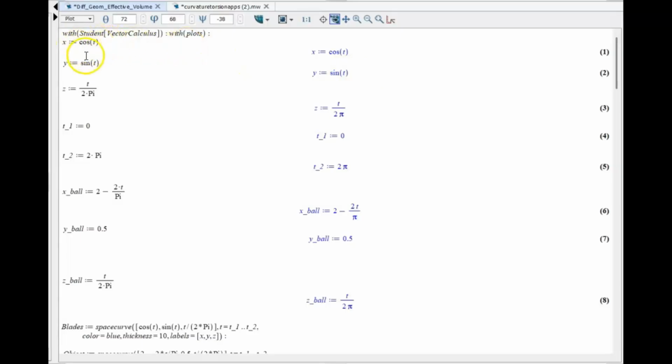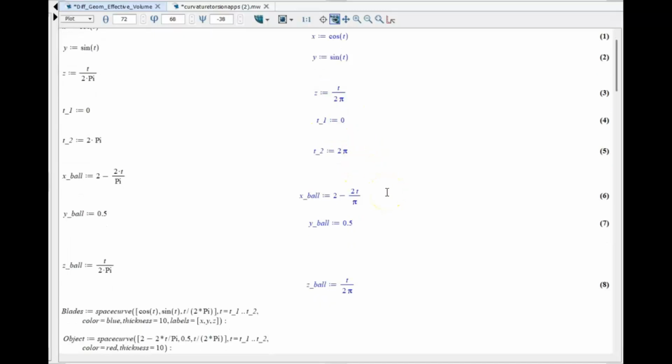So if you look here, we have x and y for this parameterization. It's equal to cosine and sine, which is a circle of radius 1. And then now we're going to move it through our z-axis, which will be our time axis, here like this. And then we're going to move it through 1 oscillation's worth.